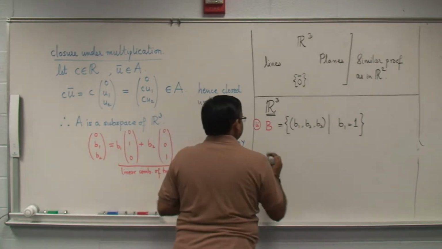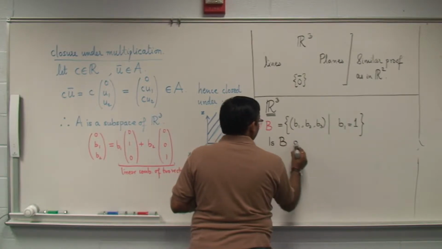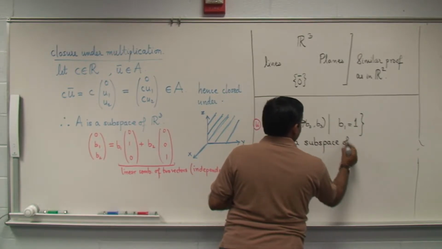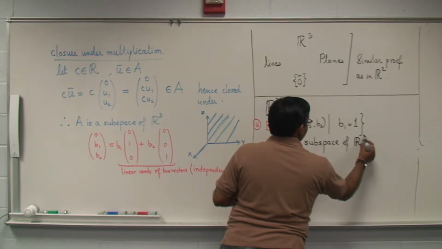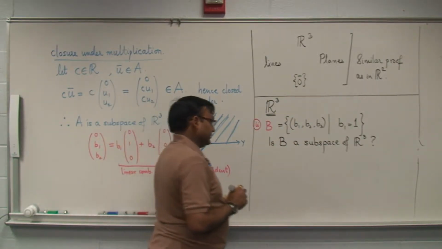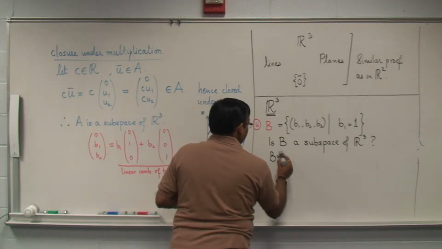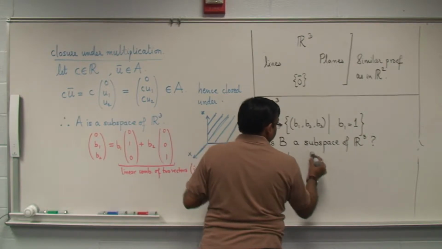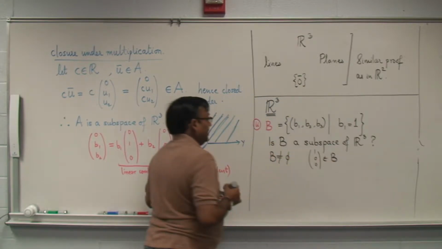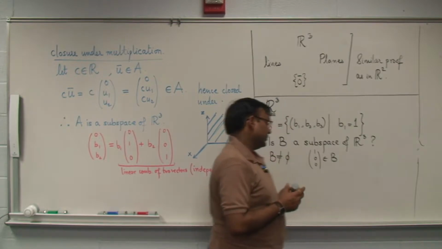Now, is B a subspace of R3? Now, there are various ways to approach this. Of course, I can say that B is non-empty. So definitely B is not empty because, for example, the vector (1, 0, 0) lives inside B. But what about closure under addition and subtraction, and multiplication?